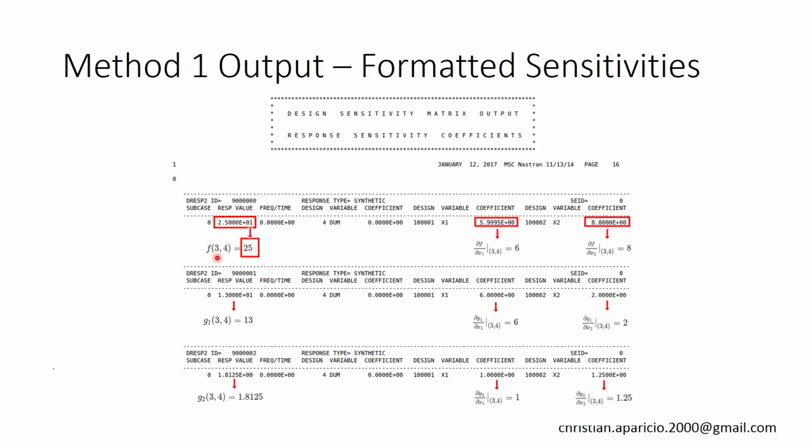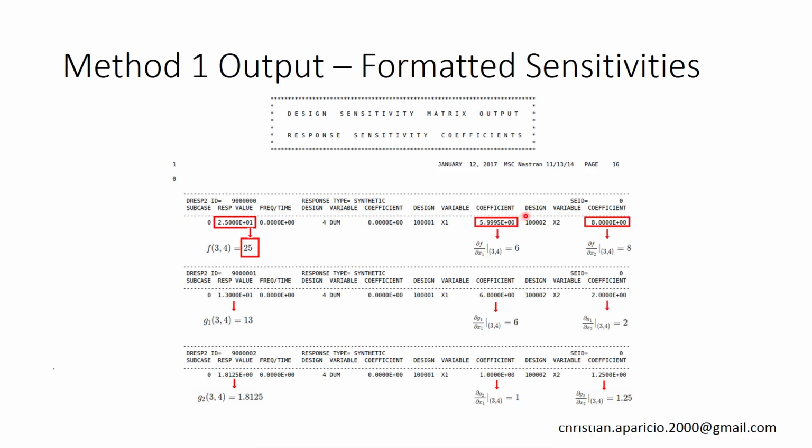If you plug in 3 and 4 into the objective, you should get a value of 25. This is the value recorded by the F06 file. Here in the second row, this is the value of G1 at 3, 4, so it's 13. Here's the 13 here. And the same for G2, 1.8125 and 1.8125 here too.